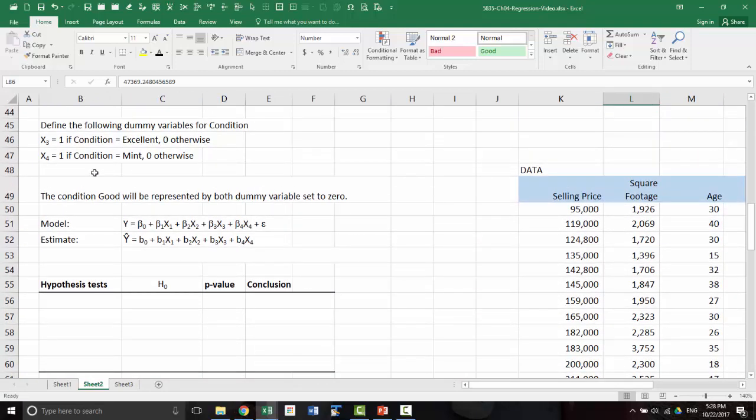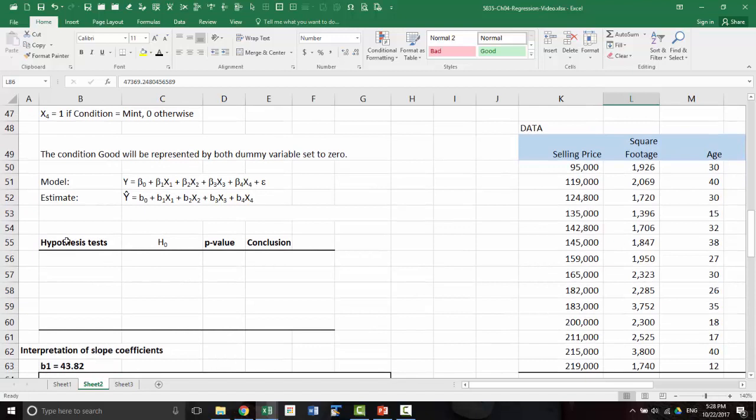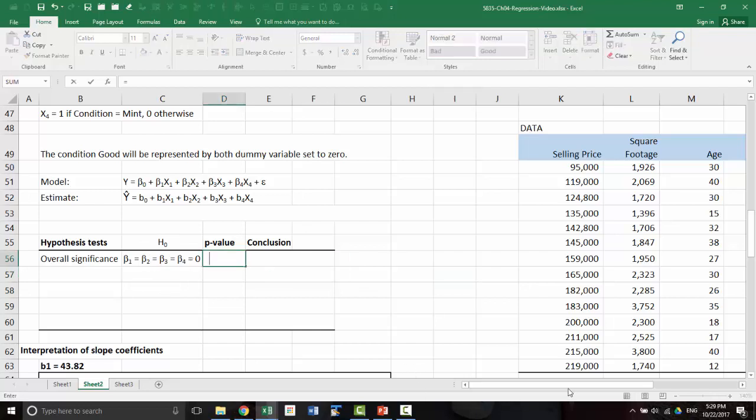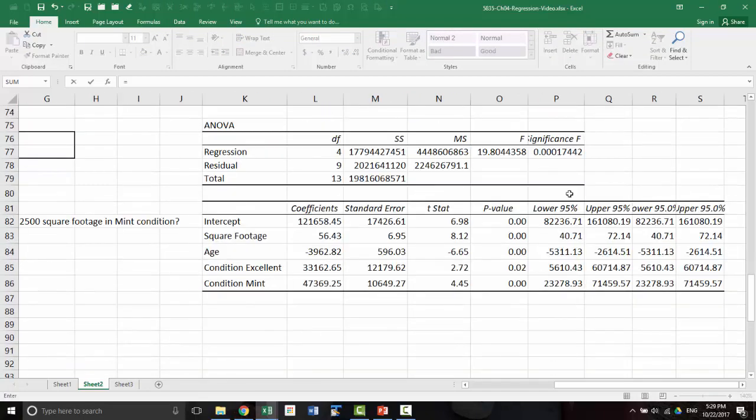So let's first do the hypothesis test. So overall hypothesis test, overall significance. Okay, so that will be all the beta coefficients are equal to 0 or at least one different from 0. I did not specify h_1, so with this we know what the h_1 is going to be. So the p-value is from f.